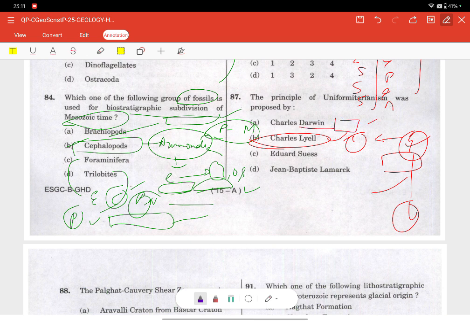So he uses Lyell's idea but did not propose uniformitarianism. Suess was the one who gave the Gondwana-Tethys concepts in tectonics, and Lamarck gave the early evolutionary idea of acquired characteristics. So Darwin, we know, is natural selection.